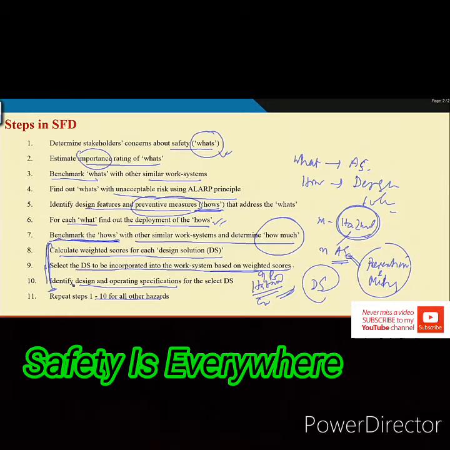Now, let us see one after another. I will be a little faster here, because once you identify the hazard, only then will you be able to identify the accident scenarios, and once you know the accident scenarios, you will find out the probabilities and get the risk.